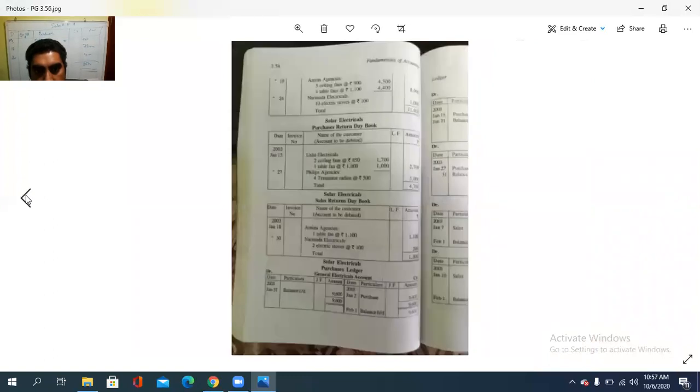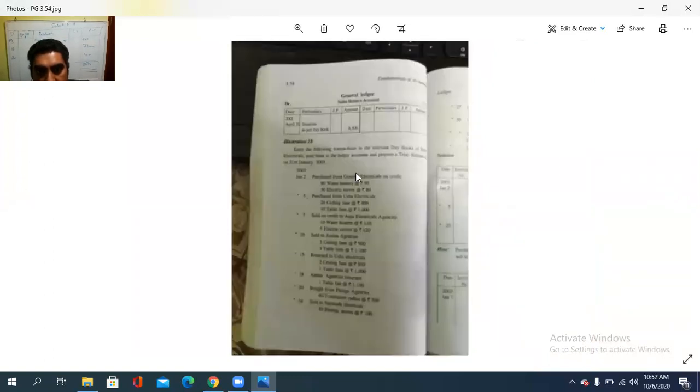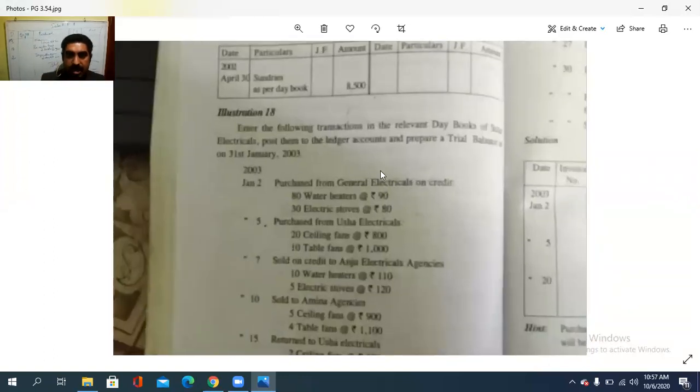Then this is another problem. Here, what is there? Enter the following transactions in the relevant day books of Solar Electricals, post them to ledger accounts and prepare a trial balance. Here, purchased from General Electric on credit, so it is the purchases day book. Purchased from Usha Electricals, that is also the purchases day book. Sold on credit to Anju Electrical Agencies, so that is the sales day book.